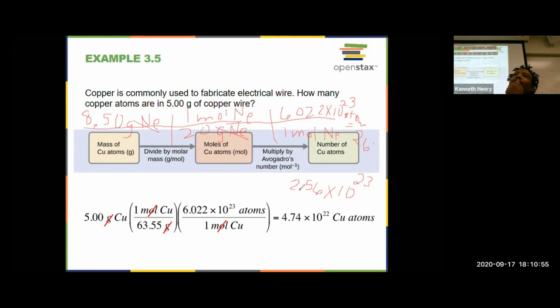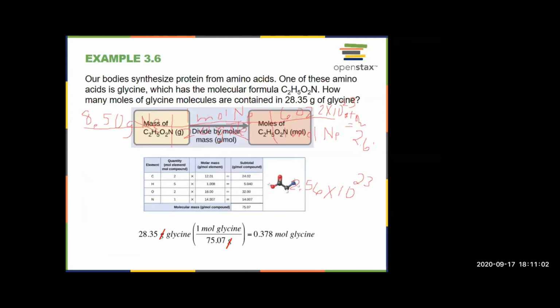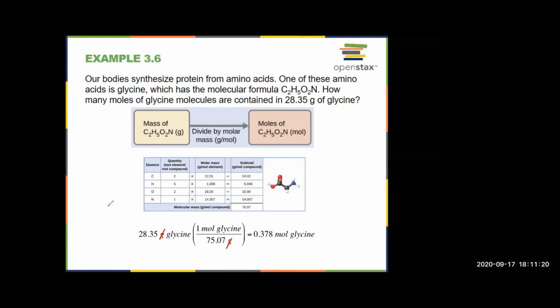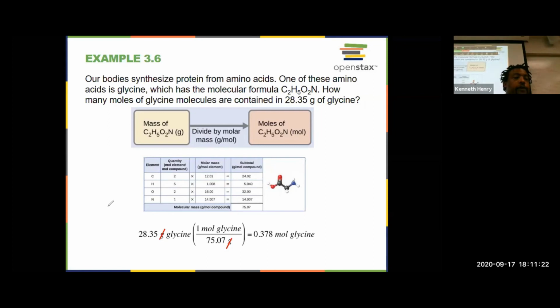Okay, so let's see. How can we make this more challenging? Okay, so here we have an example where we're working with glycine.